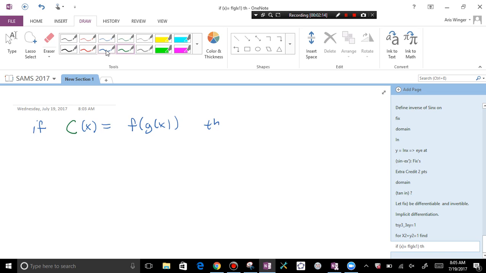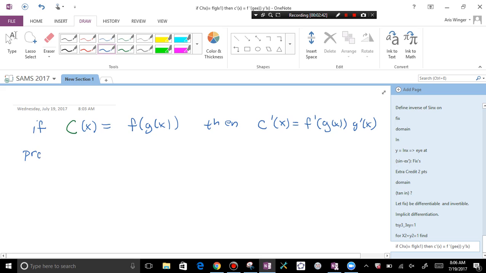If c of x is equal to f of g of x, then the derivative of c is f prime of g times g prime of x. You were using this a lot in the homework last night. This theorem we'll be using a lot at the end of test 1.